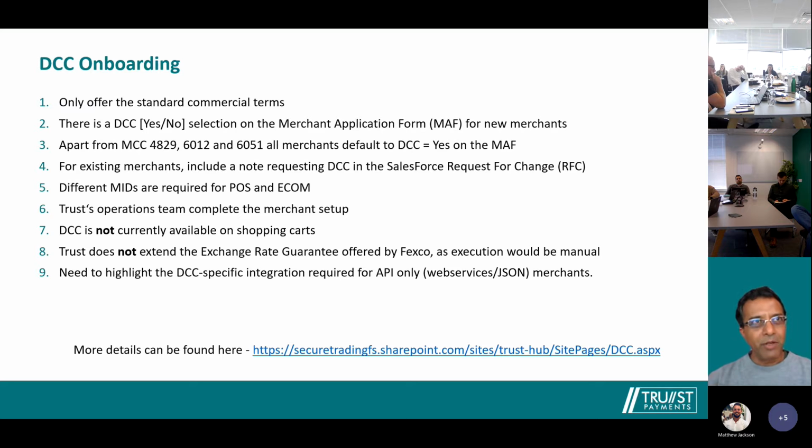Final point I want to make, because it's still in some of the collateral, hopefully it's in none of the collateral by the time it gets to you. Fexco offer a rate guarantee that if the customer finds a better rate anywhere else, they will reverse the transaction. Now, we white label Fexco's service, right?